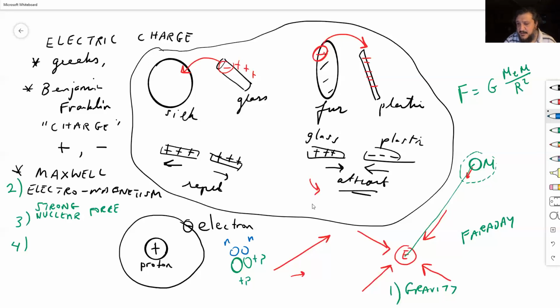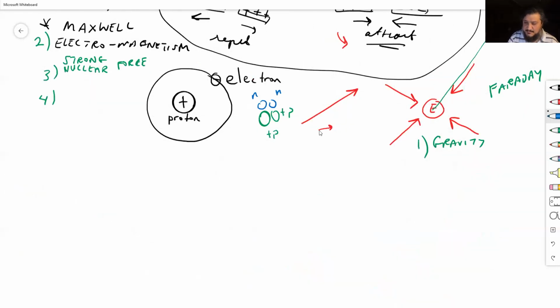We have 3 of them, 1, 2, 3. These are called quarks. When 3 of them are together, we call it a proton or a neutron, depending on what kind of quarks we're using, okay? Very strange particles. And it's as if these are connected with springs. Okay, a spring like this.